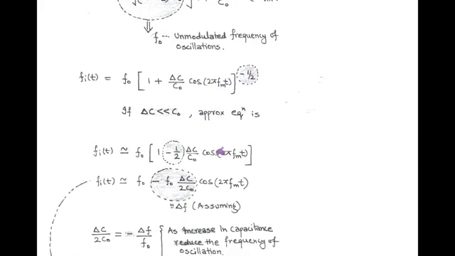Now we assume an approximation, that is delta C is less than C0. So after assuming delta C is less than C0, we get the approximate instantaneous frequency, that is equal to f0 within bracket 1 minus 1 upon 2 into delta C upon C0 cos 2 pi fm t.